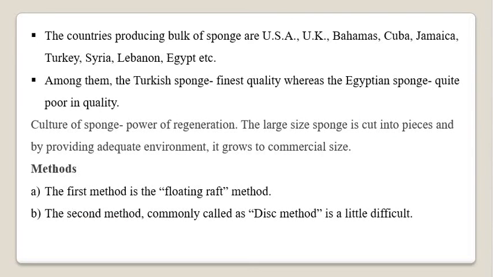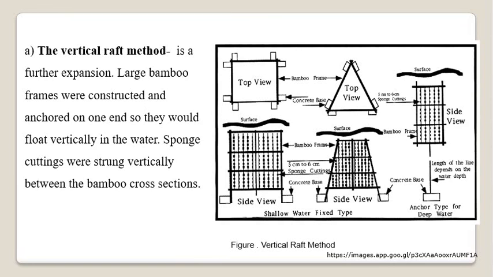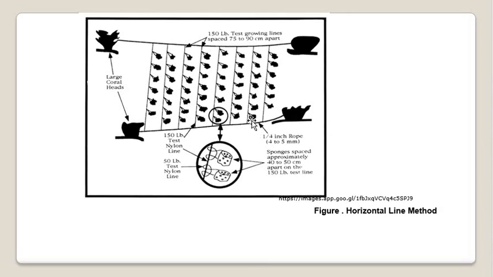We also took a brief look at the countries which are engaged in sponge culture, right? We have studied the methods of sponge culture, that is the floating raft method and the disc method. In the floating raft method, we studied two methods: the vertical raft method, in which many types of variations are there, such as square, rectangular, or triangular raft methods, and the horizontal raft method, which is easier to operate.